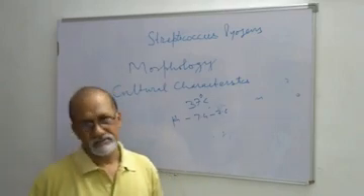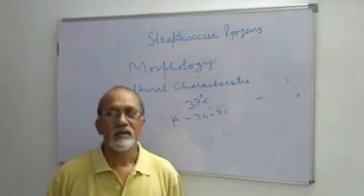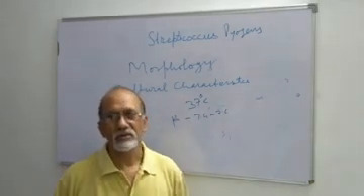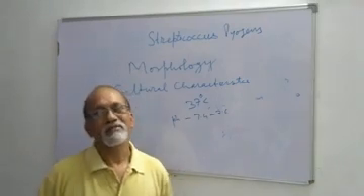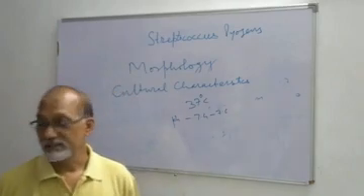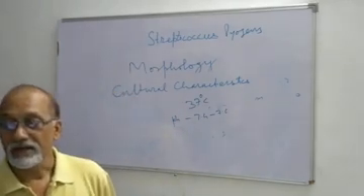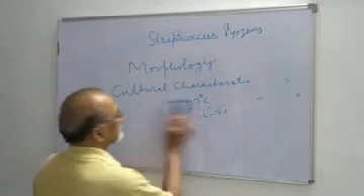This is enough for you, because in homeopathy we are not supposed to be a pathologist. So we can understand where we grow or from where we isolate these organisms. And now come to biochemical reactions.